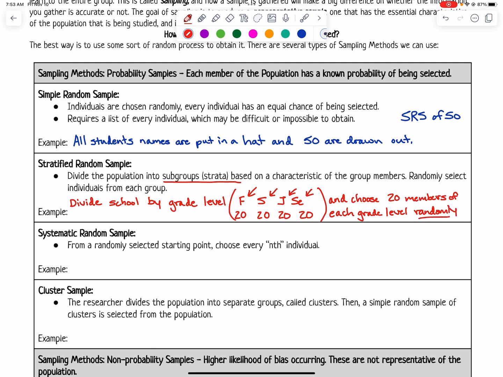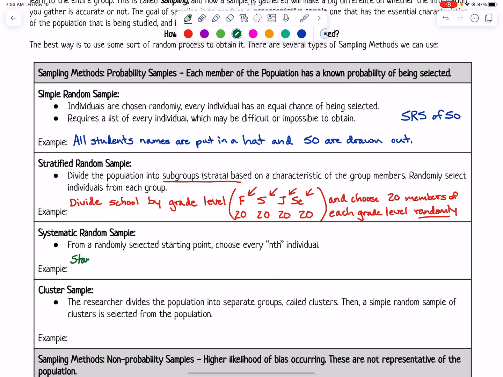Okay, a systematic random sample is when from a randomly selected starting point, you choose every nth individual. So say we're standing at the entrance to the school. We're going to continue to use our school as a good example. So standing at the entrance to the school, let's say we roll a die, so it's randomly selected, and we get a 6.